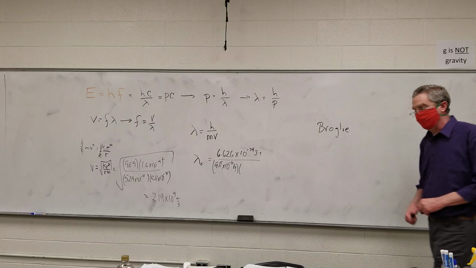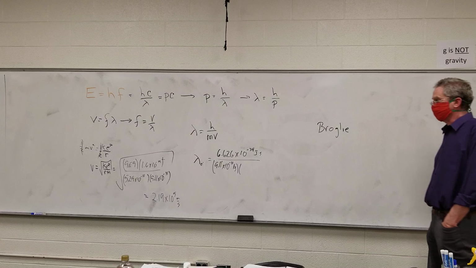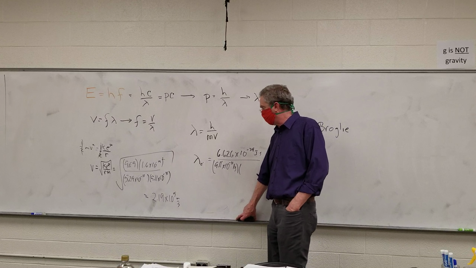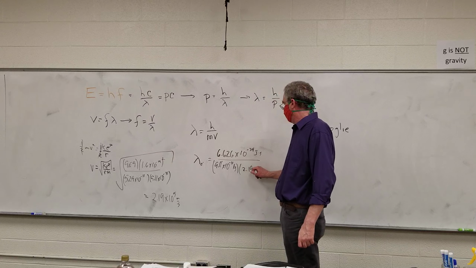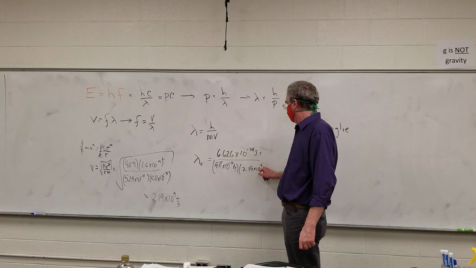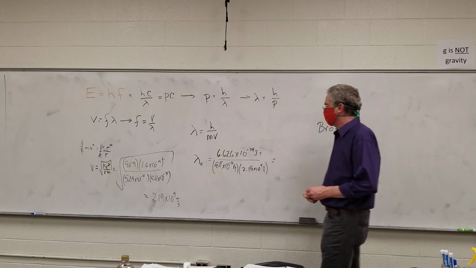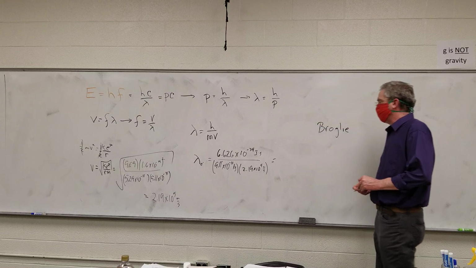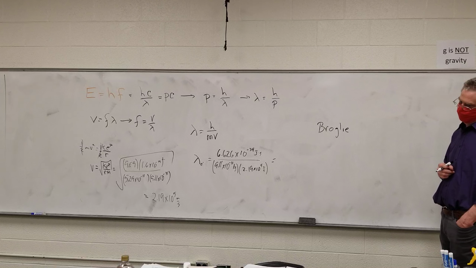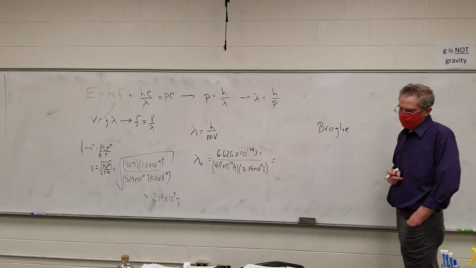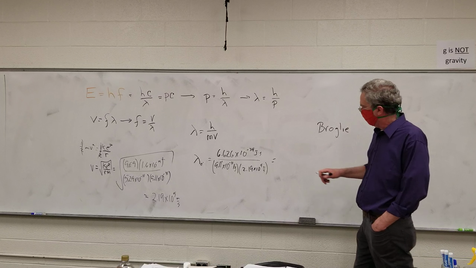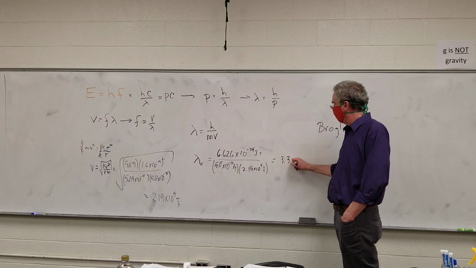Okay. Not relativistic. Still several orders of magnitude away from the speed of light. And so what is the wavelength? 3.3 times 10 to the negative 10 meters.